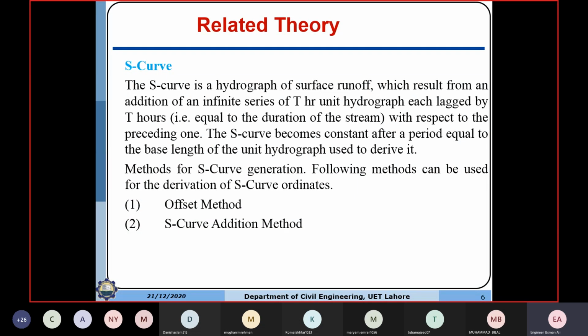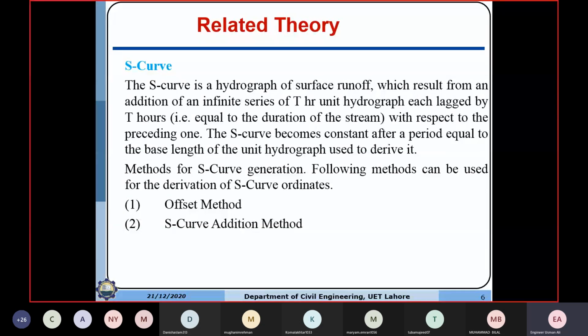So this is the background of the S curve. The S curve is a hydrograph of surface runoff. It is a hydrograph of direct runoff which results from an addition of an infinite series of T-hour unit hydrographs, each lagged by T hours, equal to the duration, with respect to the preceding one.